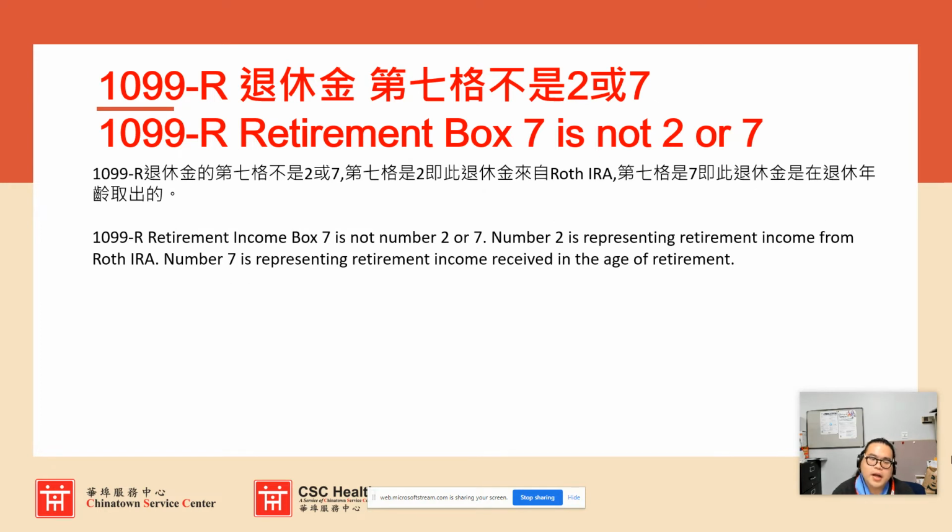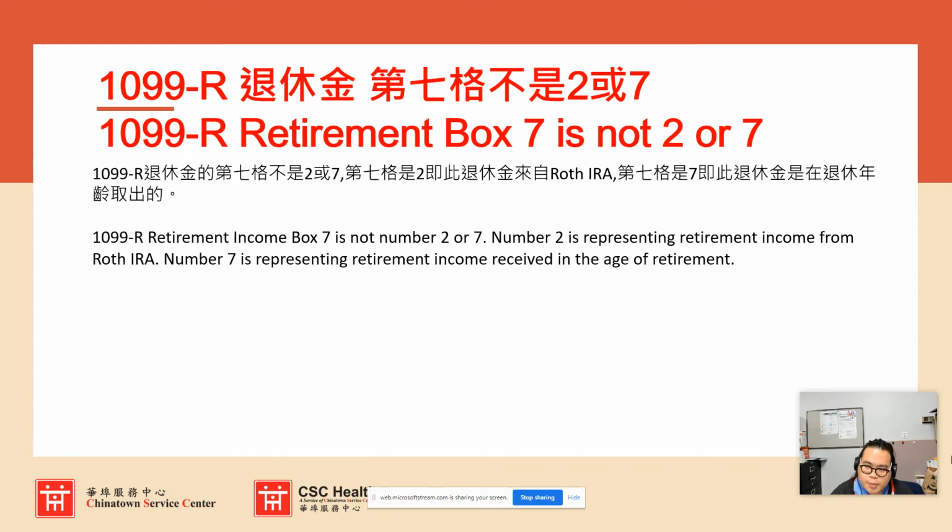Okay, in the 1099-R retirement form, if box 7 is marked with the number 2, that is okay, it is in scope. But if this box has another number or an English capital letter, that means they are out of scope. We are not able to take this kind of client. For retirement income, box 7, if they mention 2, that means this income is from a Roth IRA.